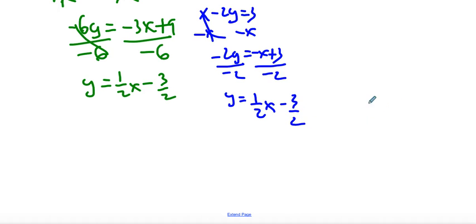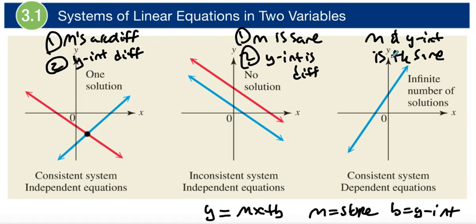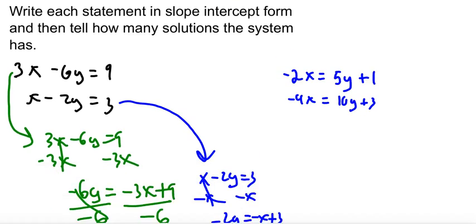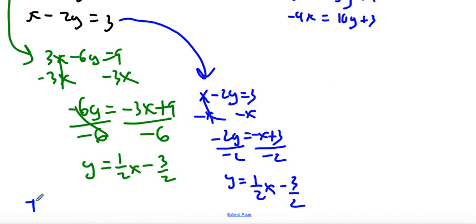And what do you know? Both of the lines are exactly the same. We learned that when the m and the y-intercept are exactly the same, there are infinitely many solutions. So the answer for the first system of equations is infinite.